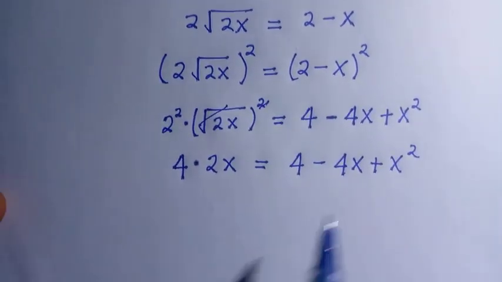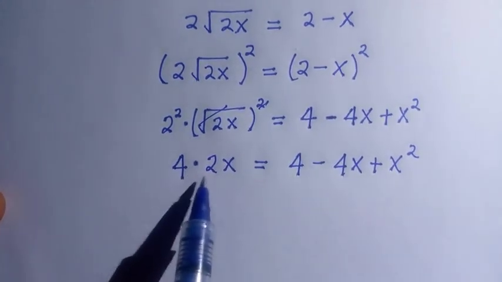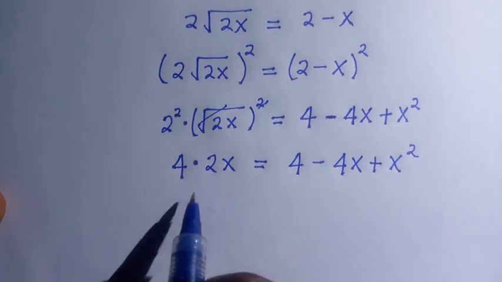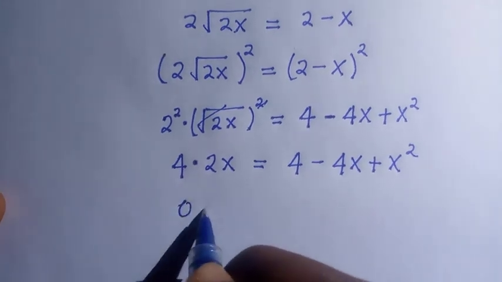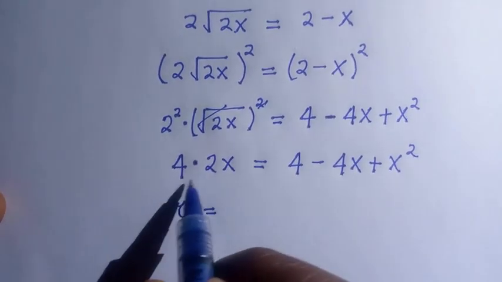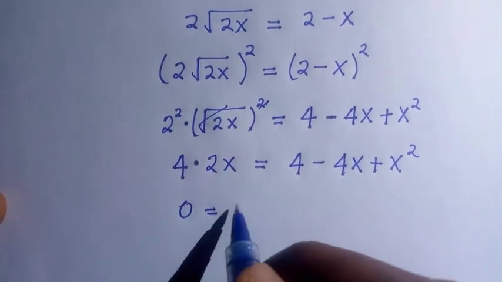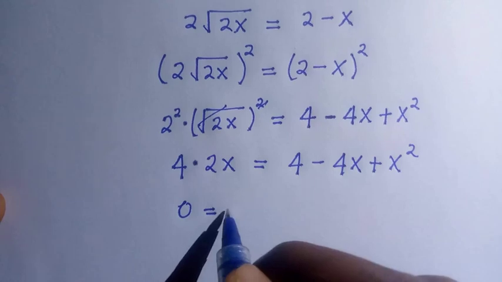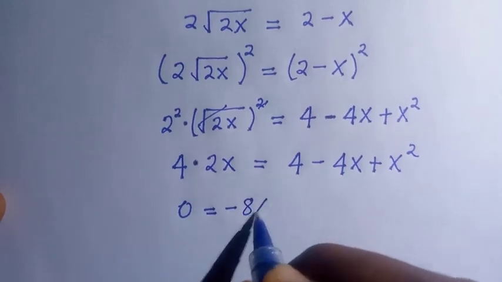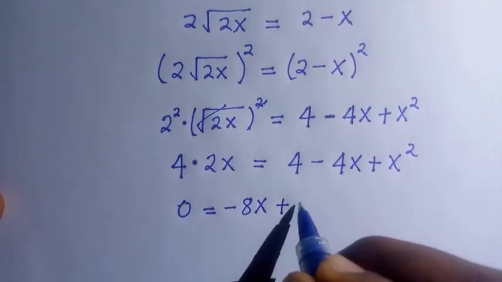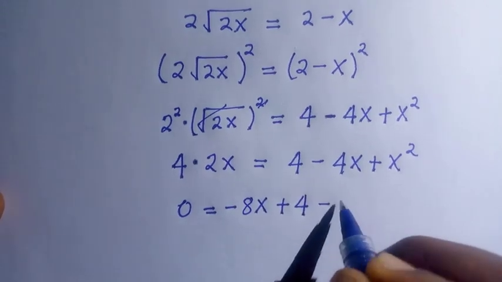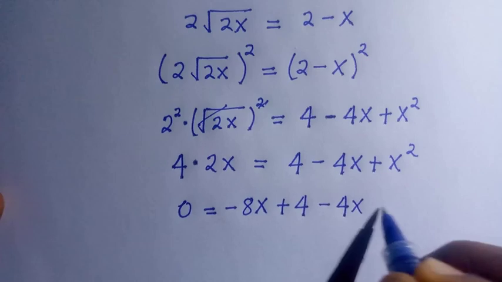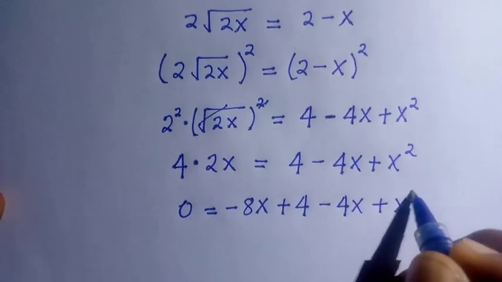Then we take the whole of this. Suppose we take the whole of this here. At this point, we have 0 equals, so when this is coming here, 4 multiplied by 2x gives us 8x, and it comes with minus 8x. So here is plus 4 minus 4x plus x squared.